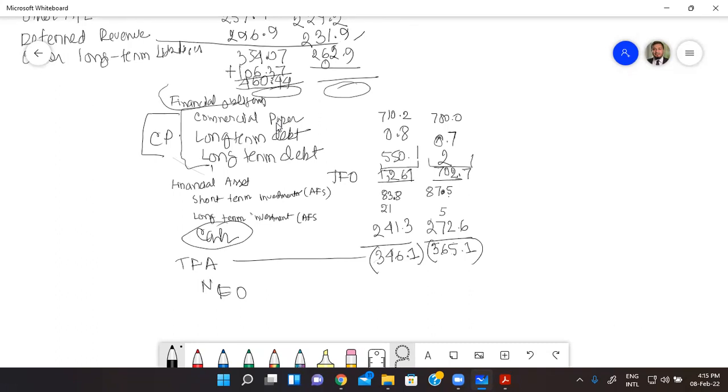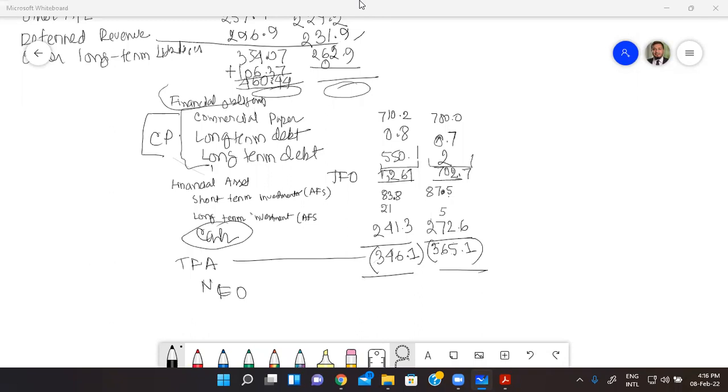What will be the amount here for the net financial obligations? 1,261 minus 346.1.